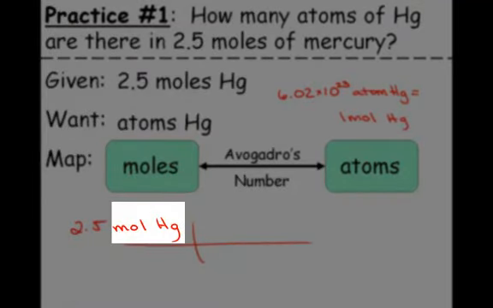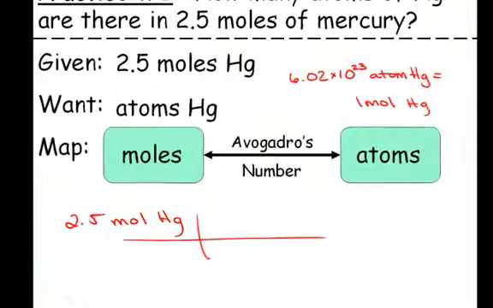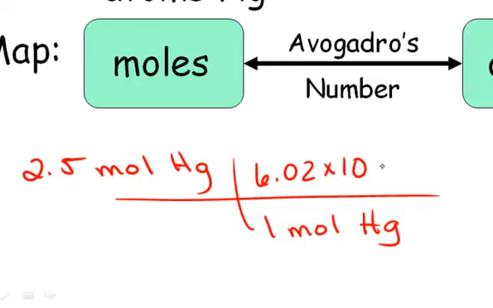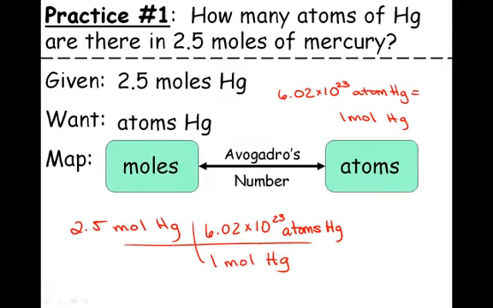I want moles of mercury to cancel out. So I'm going to take my 1 mole of mercury and put it on the bottom. This means that 6.02 times 10 to the 23rd atoms of mercury goes on top.